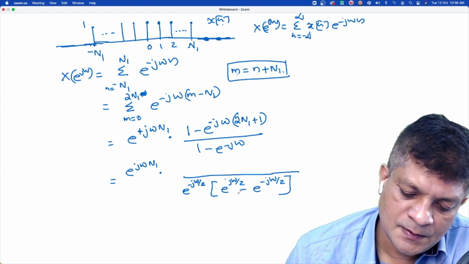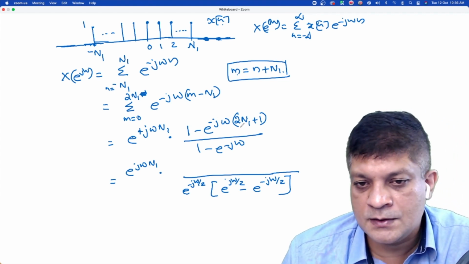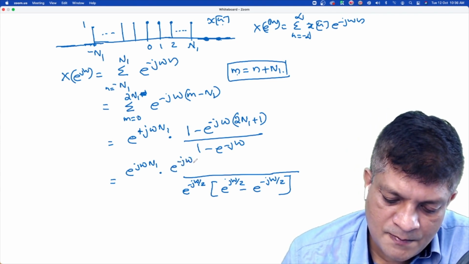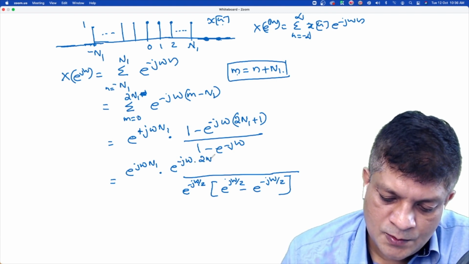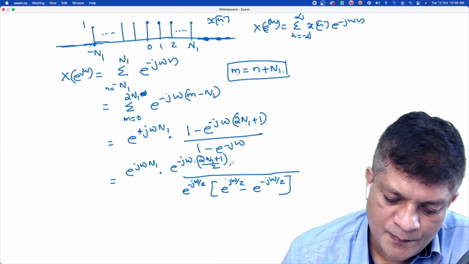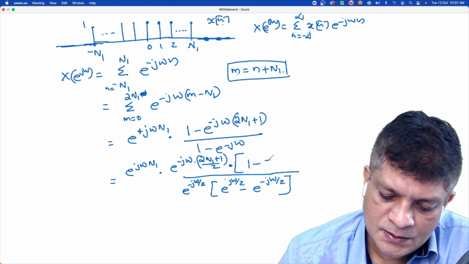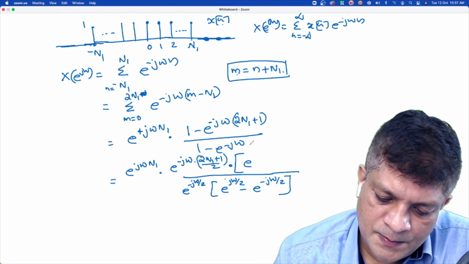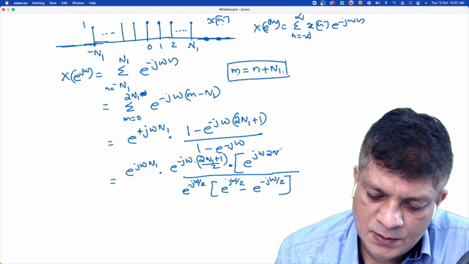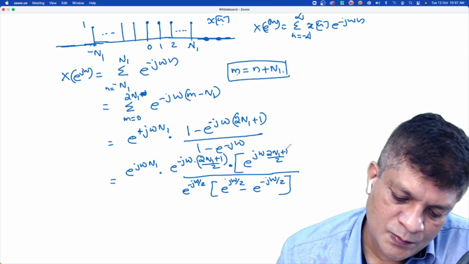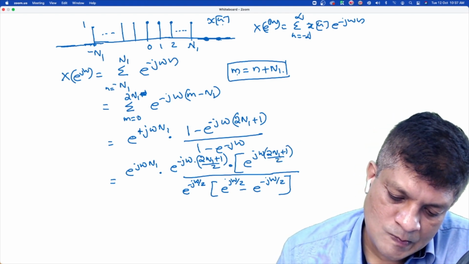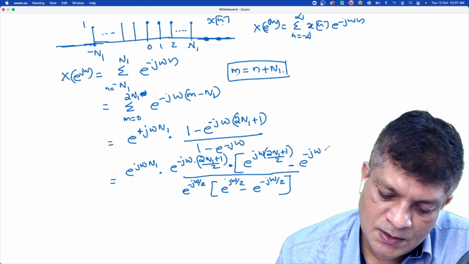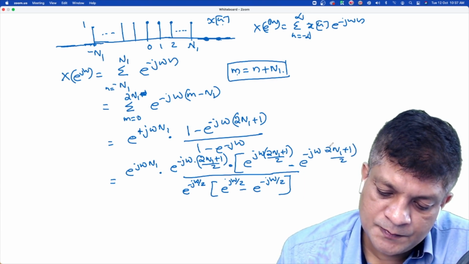Similarly, writing the numerator also in a similar form, we get e to the power minus j omega into 2n1 plus 1 by 2 into e to the power j omega into 2n1 plus 1 by 2 minus e to the power minus j omega into 2n1 plus 1 by 2. Can we write like this?